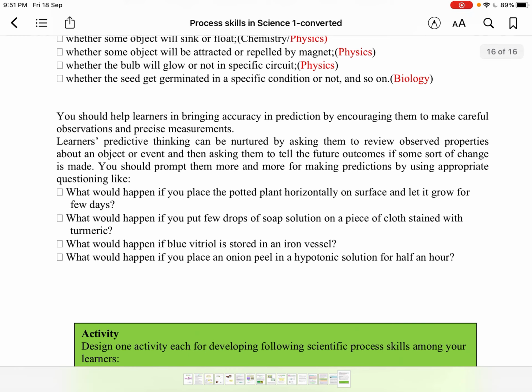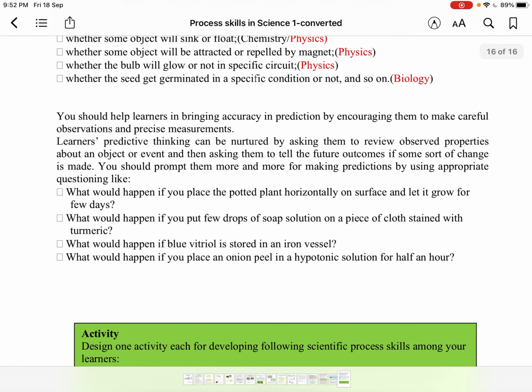What would happen if you place a potted plant horizontally on a surface and let it grow for a few days? Students will pause for a while and try to come to one answer, and that answer is a possible guess, a prediction.